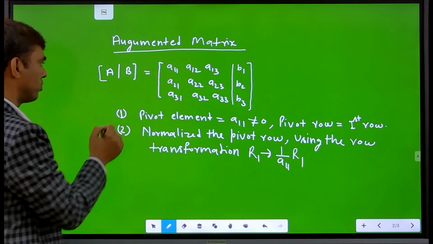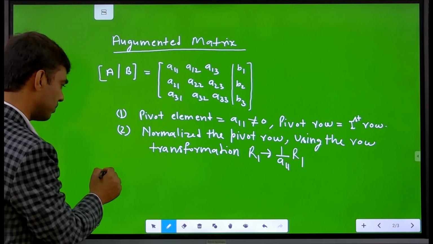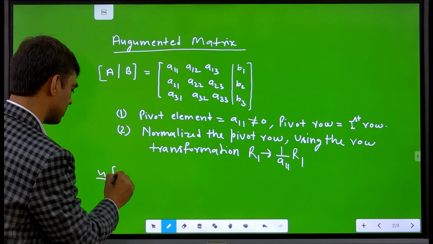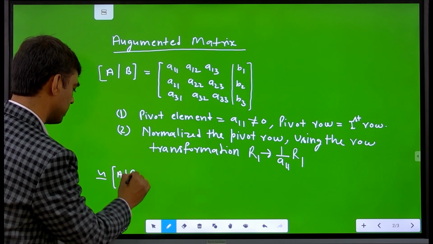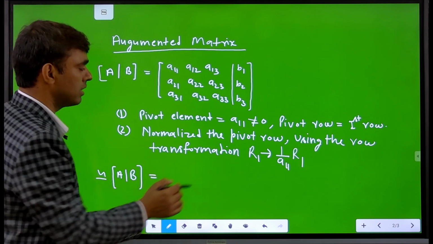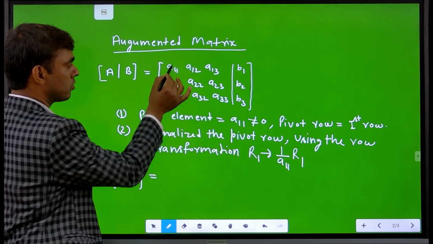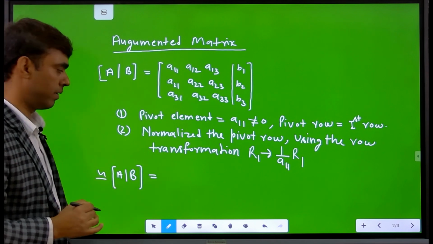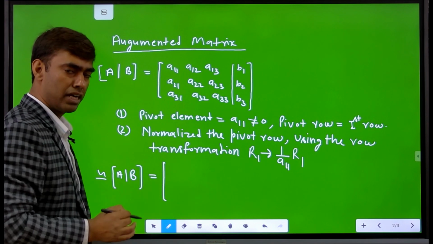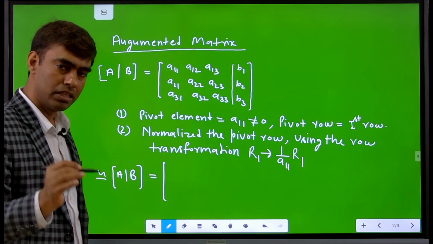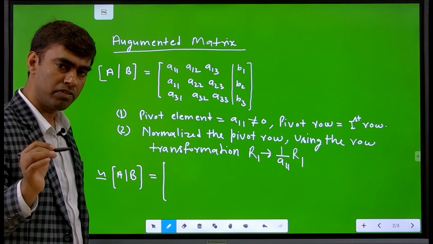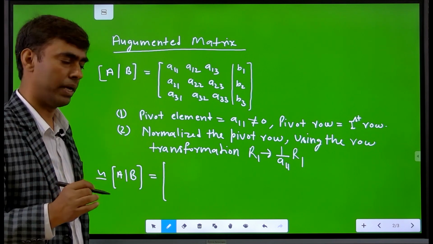Now, suppose the resultant augmented matrix is this one, A partition matrix B. After dividing the first row by A11, the pivot element becomes 1. In the normalized form of the first equation, the coefficient of x1 must be equal to 1.